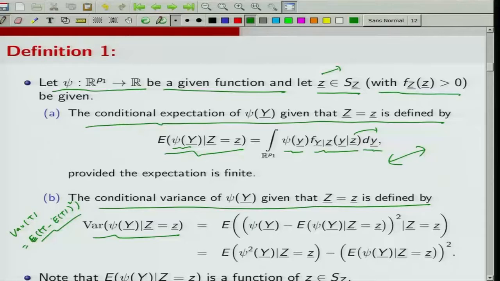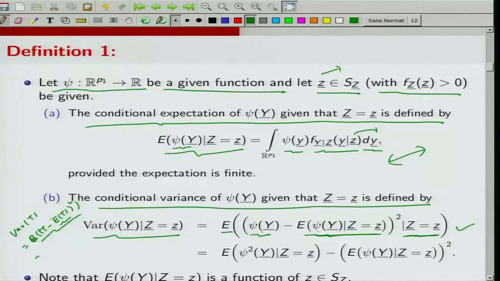So, this expectation is also a conditional expectation, given Z equals z. The inner expectation also has to be with respect to the conditional distribution, so it is the expected value of psi(Y) given Z equals z, and t is the variable psi(Y). So, it is psi(Y) minus the expected value of psi(Y) given Z equals z. This variable minus its mean with respect to the conditional distribution, then the whole expectation with respect to the conditional distribution. That is how you define the conditional variance of psi(Y).